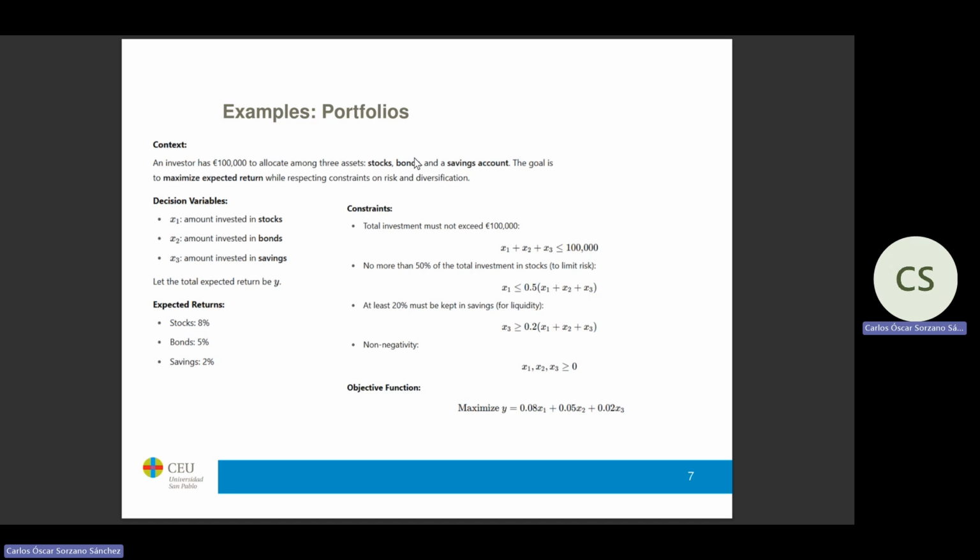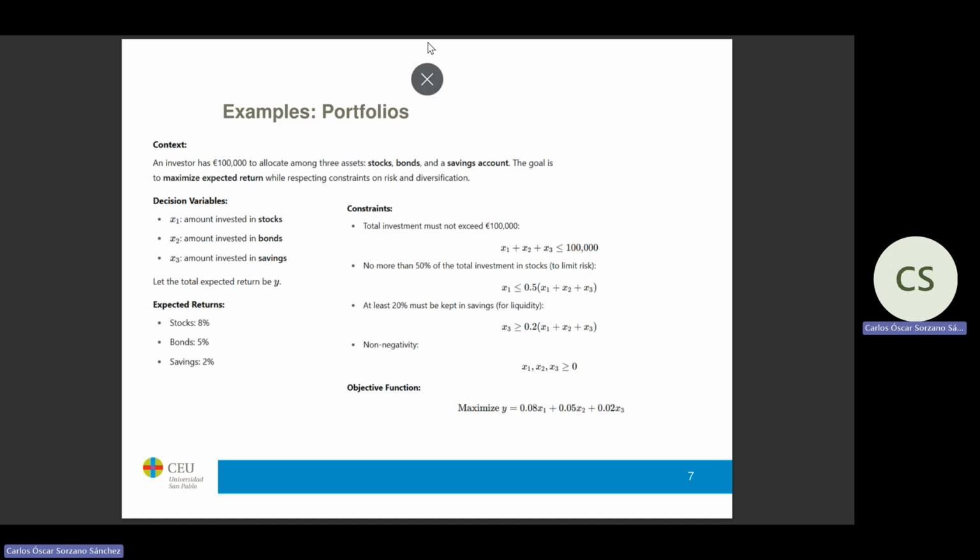And then at least 20% has to be kept in savings or liquidity, in case you need to do some urgent payment or whatever. So X3 has to be larger than 20% of the total investment. And all of them have to be non-negative.